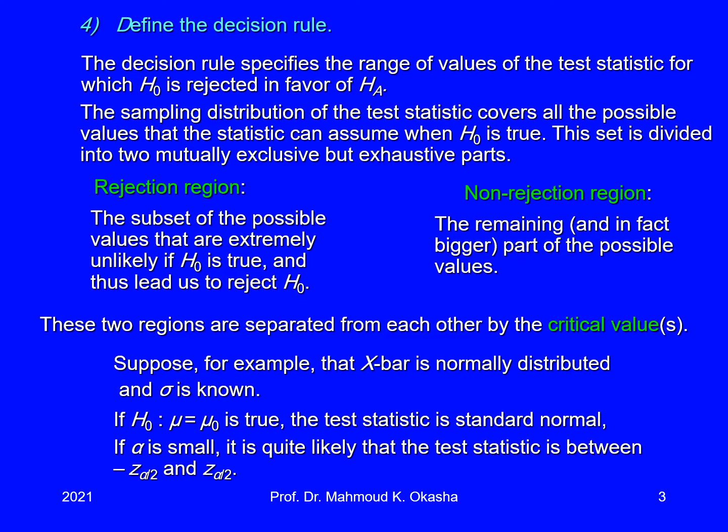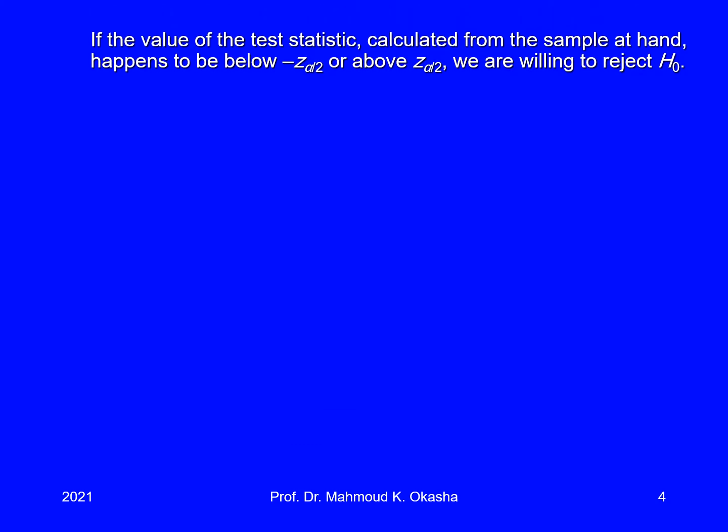But on the other sides, the extreme values, small or large, are the rejection region. If the test statistic falls in the extreme parts, then we reject the null hypothesis. For this, we call it the rejection region.